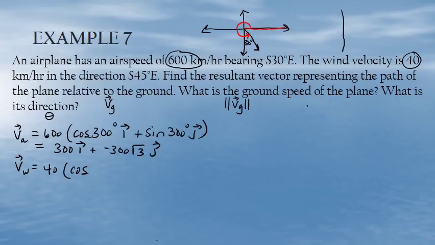If I draw a picture of that, 45 degrees, this is 45 right here. In order to write this from the positive x-axis, I need to find out what that angle is. So that's going to be 270 plus 45, so 315 degrees.